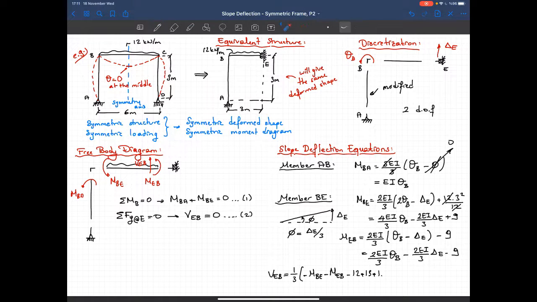It's not 13, it should be 3, I'm sorry. If you put in what MBE and MEB are, we find VEB equal to minus 2 over 3 EI theta B plus 4 EI over 9 delta E plus 18. And that's the shear equation that we get from member BE.